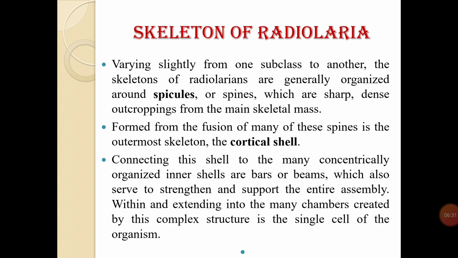Connecting this shell to the many concentrically organized inner cells are bars or beams, which also serve to strengthen and support the entire assembly. Within and extending into the many chambers created by this complex structure is the single cell of the organism.